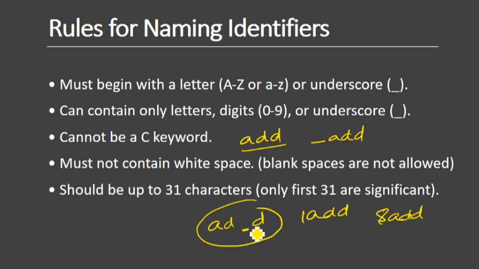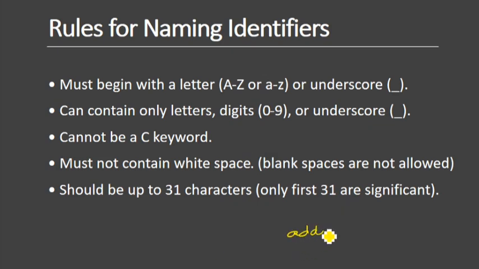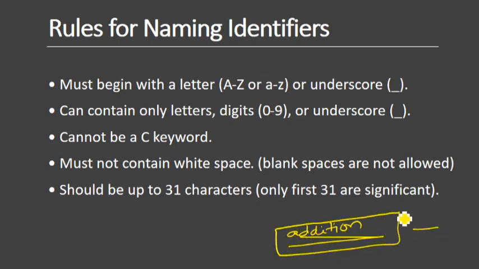Blank spaces are not allowed. For the name, for example, I'm writing addition. You can write a variable name up to 31 characters; even if you write more, only up to 31 characters are taken into consideration. So up to 31 are significant. The variable length is a maximum of 32 characters, including characters, digits or underscore.